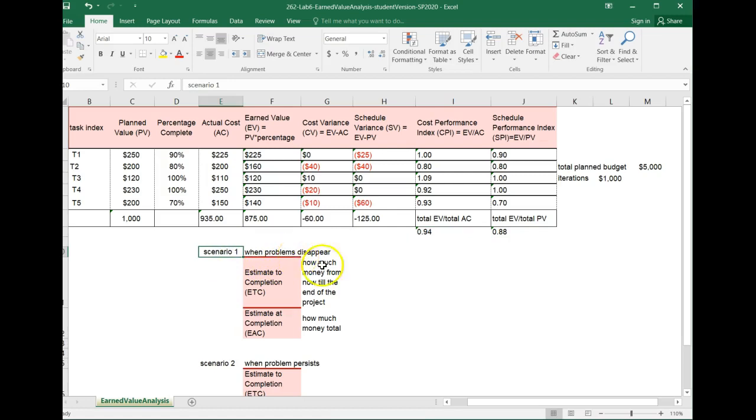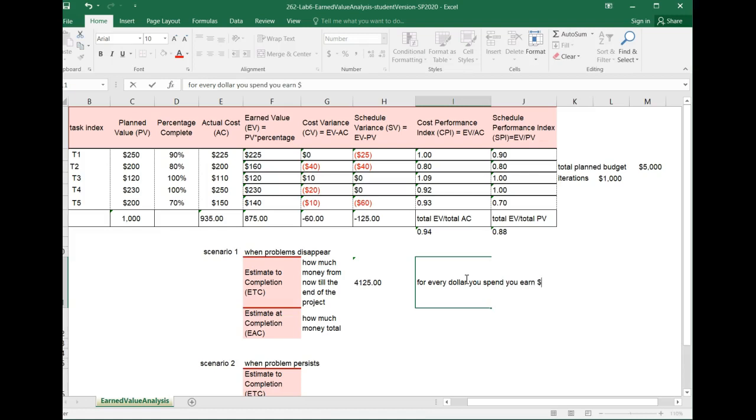So everything from now on will be perfect, meaning that you had a $5,000 project, and you already achieved this much value, so that much is left, and for every dollar you spend, you earn $1 worth of work done.